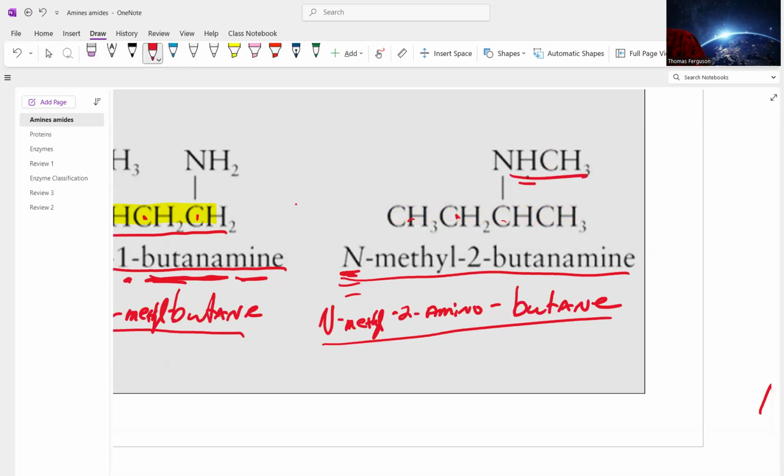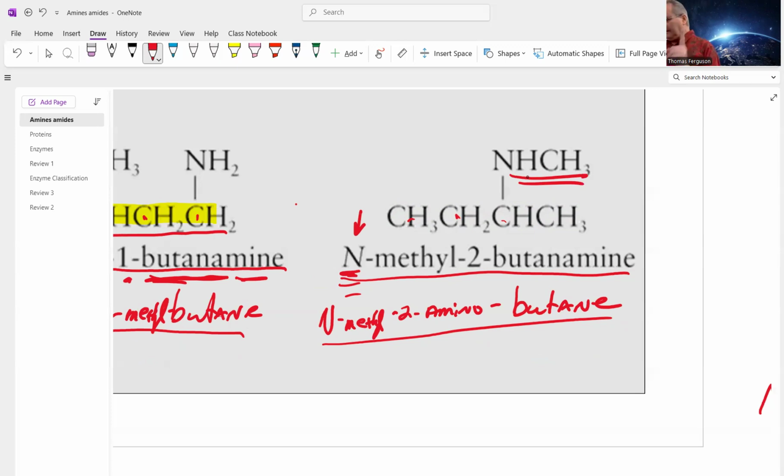Notice up here, we've got a branch coming off of that nitrogen, a little methyl group. So we have to tell it in the name what that is. And it's distinguished by an uppercase N italicized. So in this case, it's going to be N-methyl, but you can have 2 others on there as well.